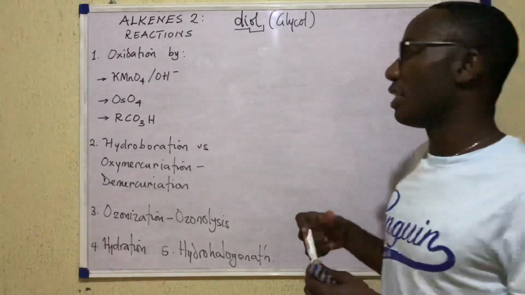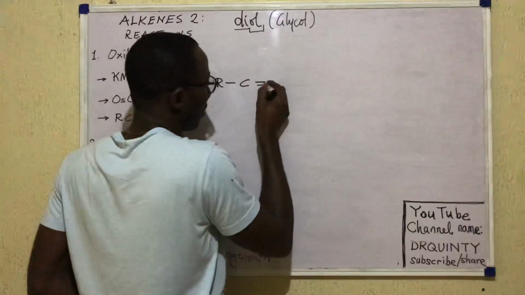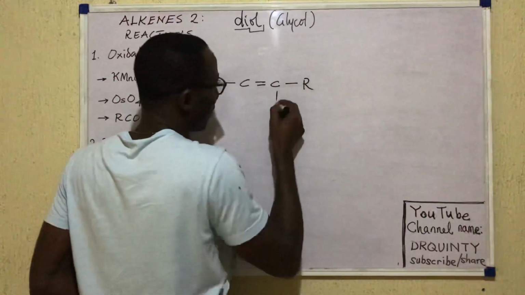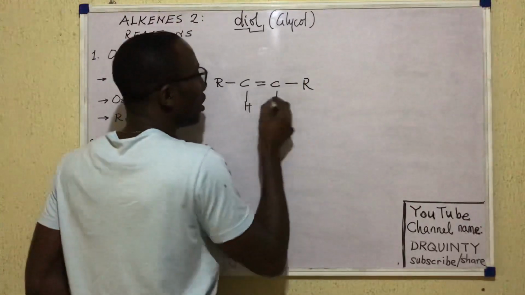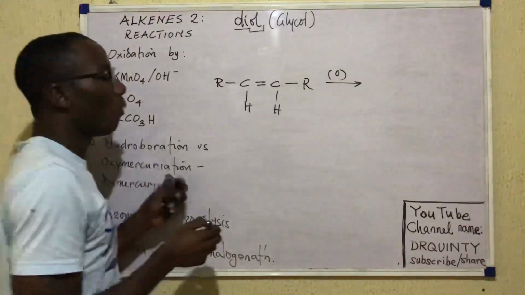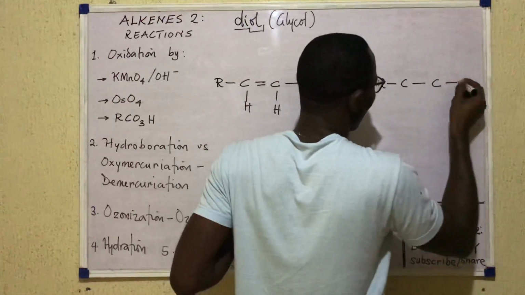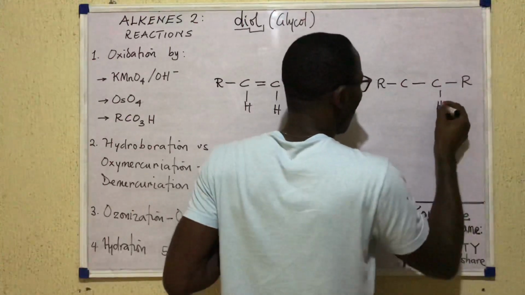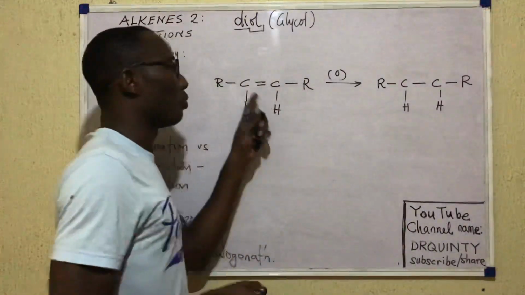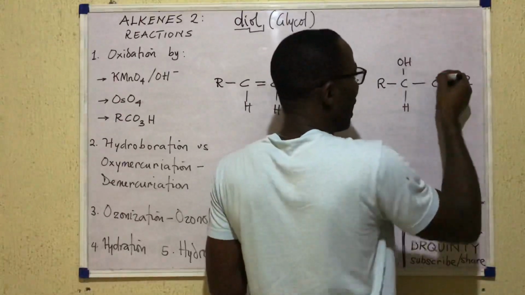Now, it means that if I have an alkene like this, let's say R and this C double bond C, and then that's R, and then we have H and H. If this alkene is oxidized by any of these three reagents, what simply happens is that the double bond opens up, so we have a single bond there, so this is still H and that's H. Then with these two available spaces, we are going to get OH and OH.